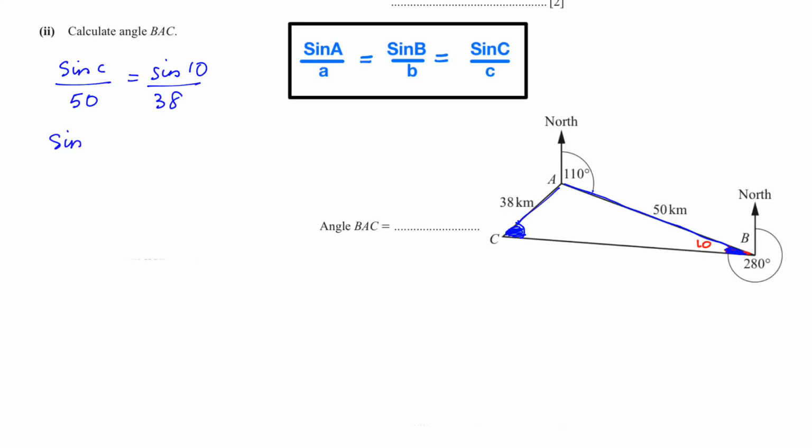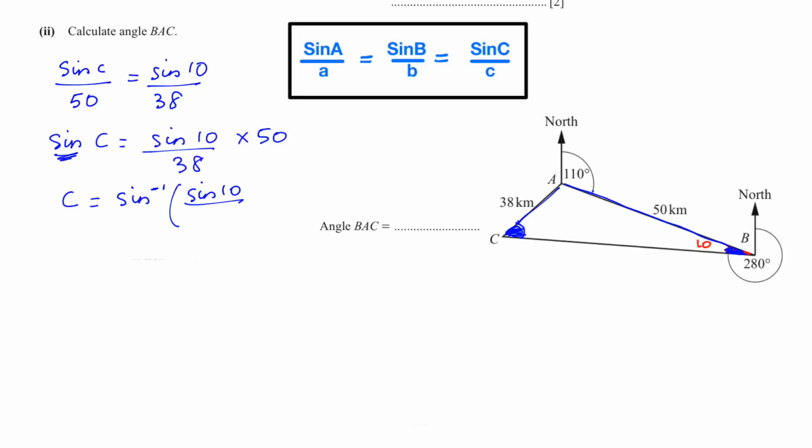Therefore, sine C is equal to sine 10 over 38 times 50. You can put it in a calculator now or just continue and then in the end put everything together. You want to find the angle, so when you move the sine to the other side, it will become sine inverse.